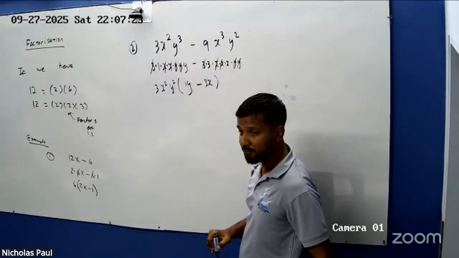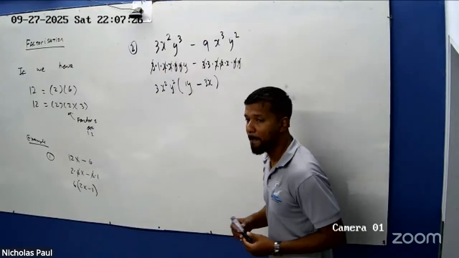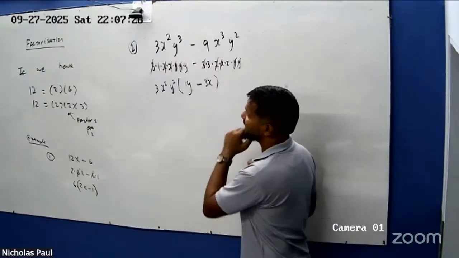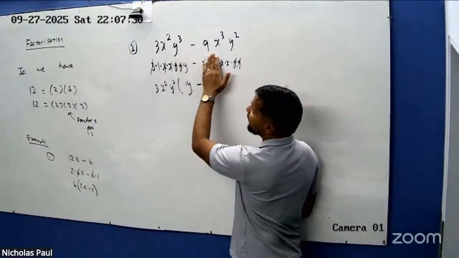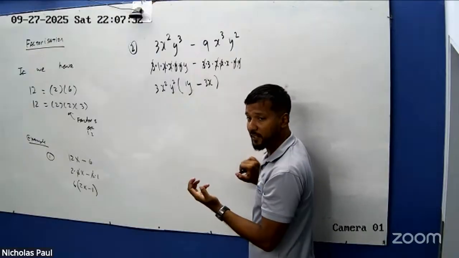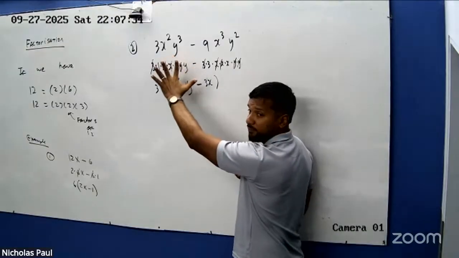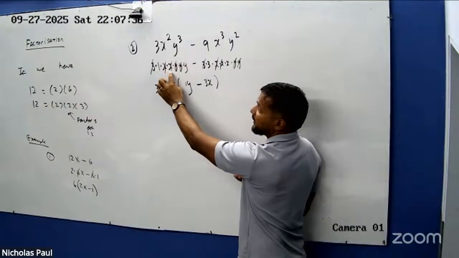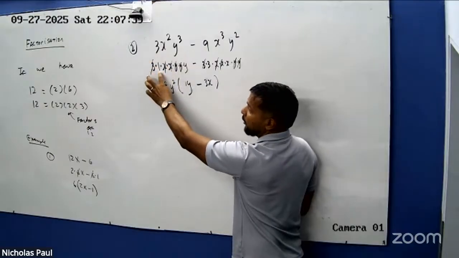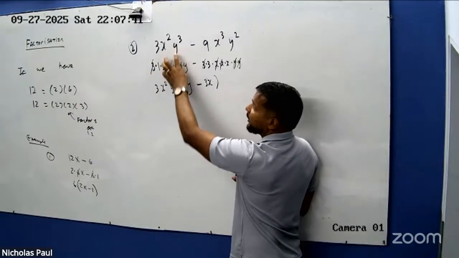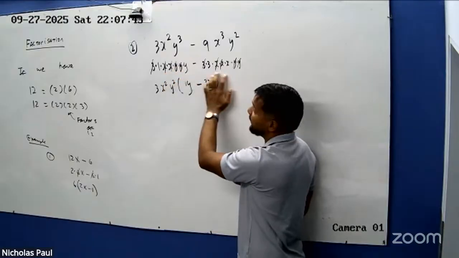Yeah? No? Tell me. What I did here is to see what they both have in common. One of the ways you could do it is to expand it out. Instead of writing x squared, put x by x. Instead of writing 3, put 3 by 1. Instead of writing y cubed, write y by y by y. I do it on both sides.